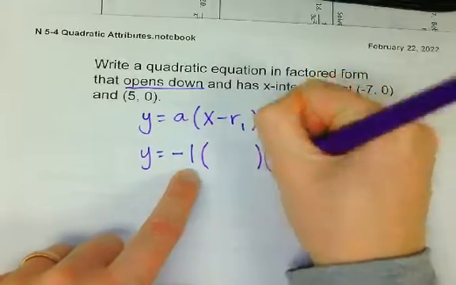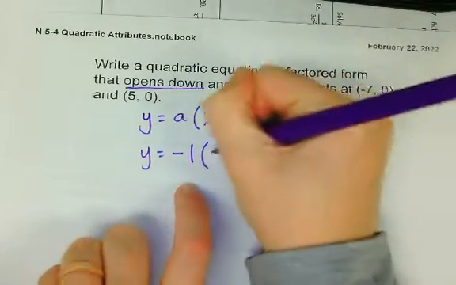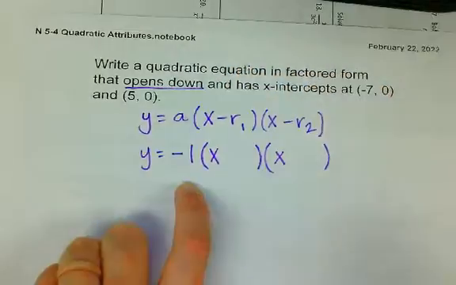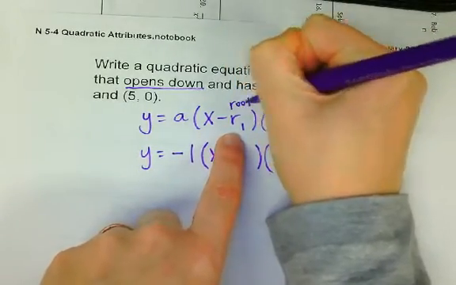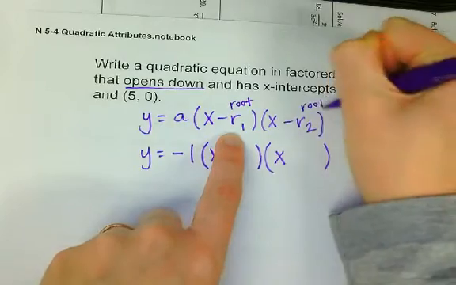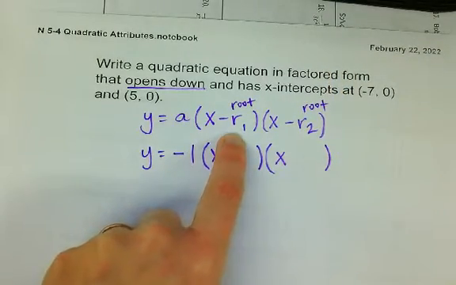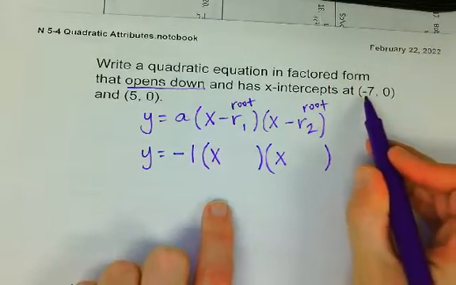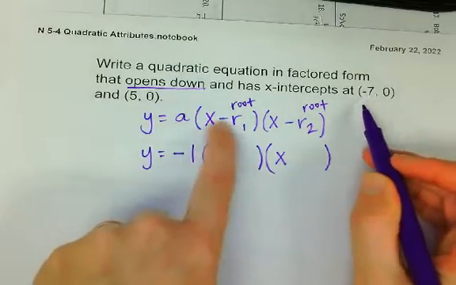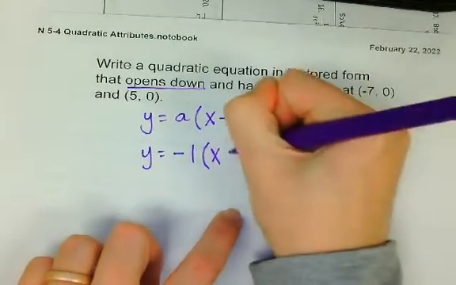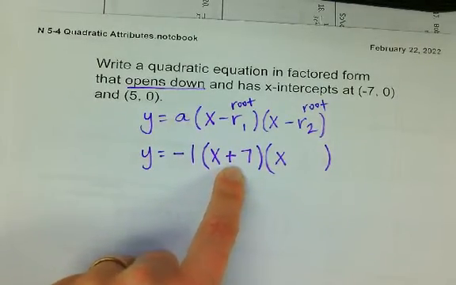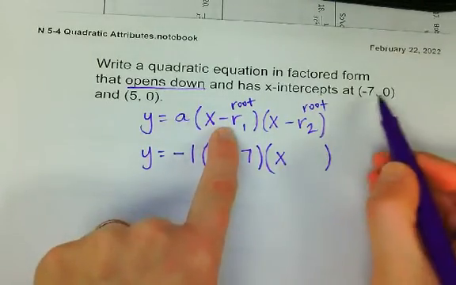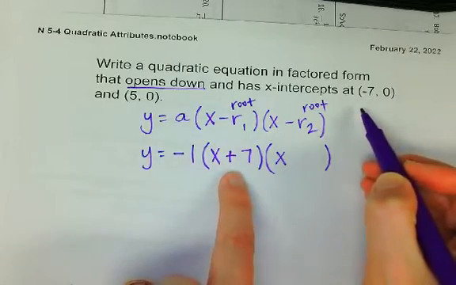And then the x in the equation, those are the x's in the equation, we're going to go ahead and plug in our roots to this formula. So when the root is -7 and I'm plugging it into a minus, it's going to become a plus. The sign changes because it was minus -7.